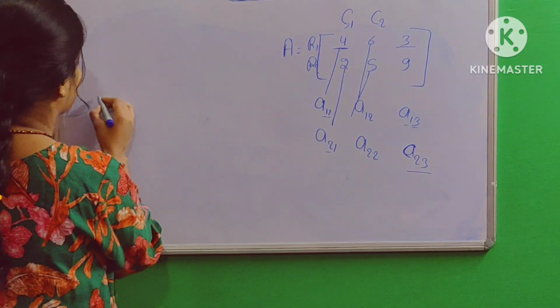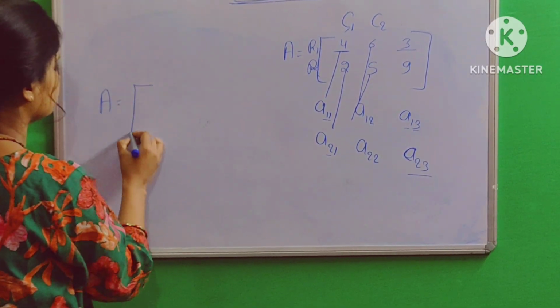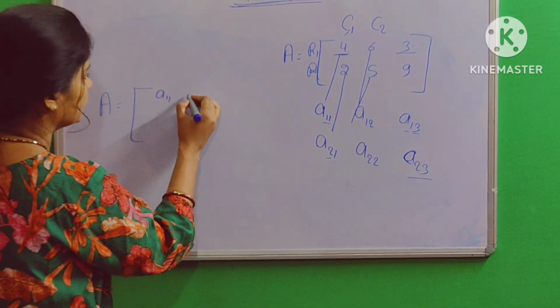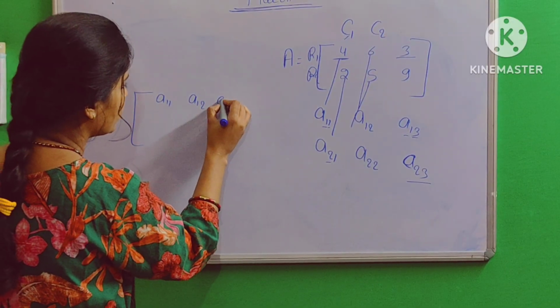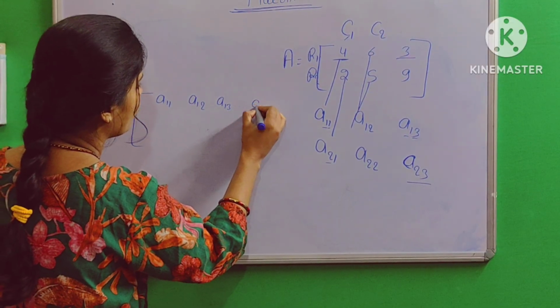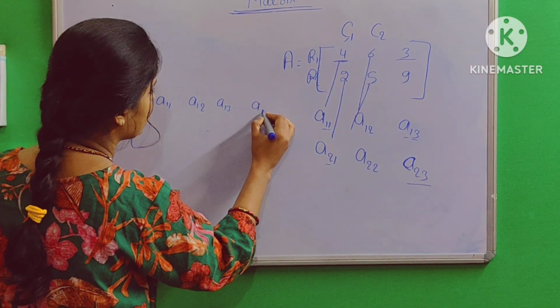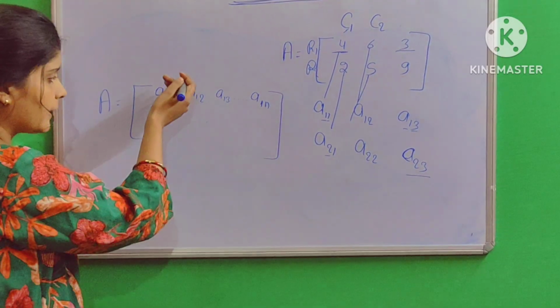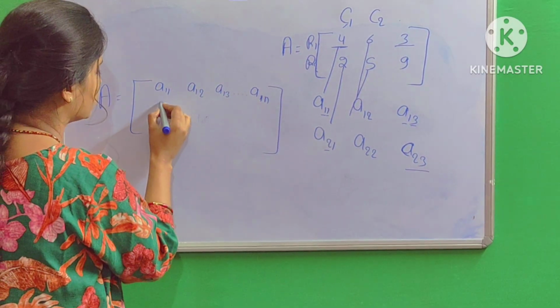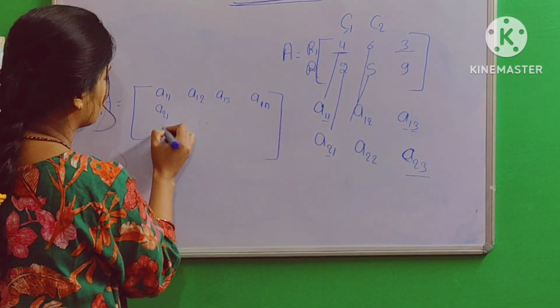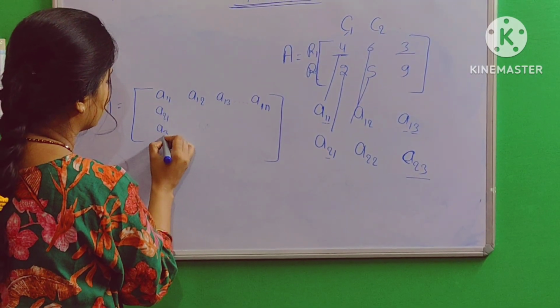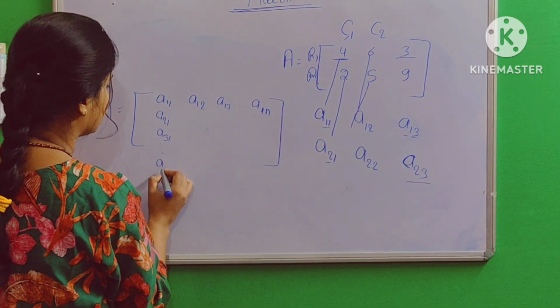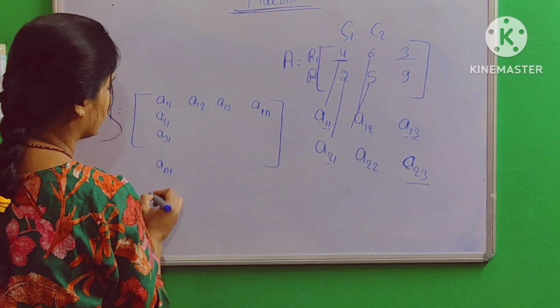If we write in general form, this is A11, this is A12, A13, and so on, A1n. Okay, and if I write in the column, A11, A21, A31, and so on, An1.